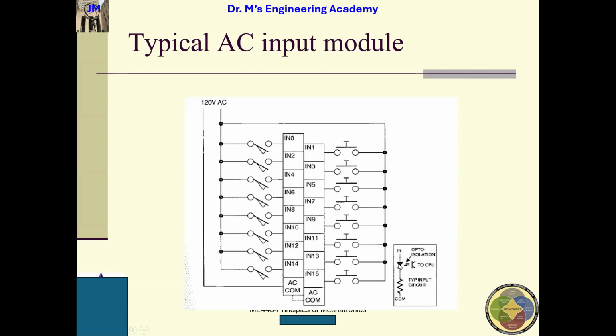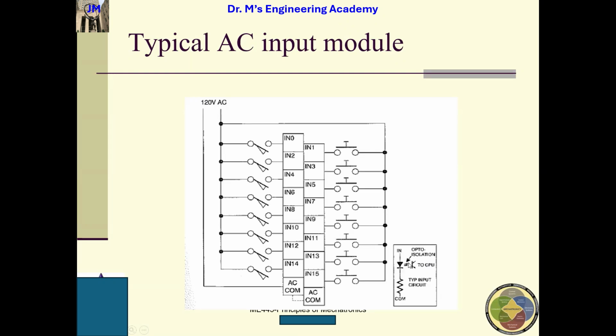Here is a diode, and this diode can only allow the current to flow from top to the bottom. And here is the opto isolation. Usually this external power is much higher than the power driving the CPU, which is usually 24 volts.